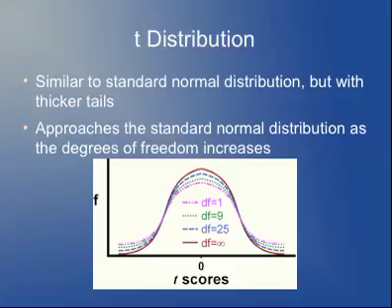And as this graph implies, even for relatively small numbers of degrees of freedom, the t-distribution becomes almost identical to the normal distribution. But it's better to use the t-distribution anyway, just because it's better to have your confidence interval slightly too wide than too narrow.